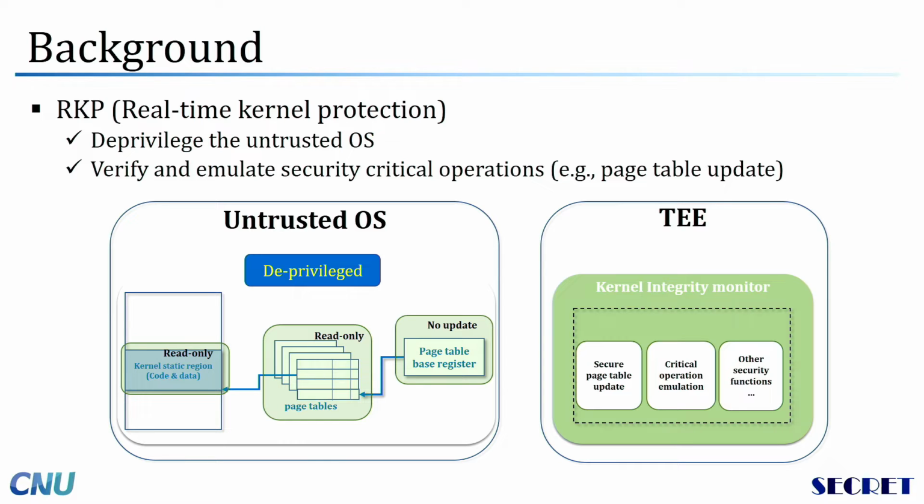It deprivileges the OS and enforces security-critical operations to be performed in the TEE to protect the OS kernel integrity. For instance, whenever a context switch happens, the OS requests the TEE to update the page table base register. In the TEE, such operations are verified and evaluated.